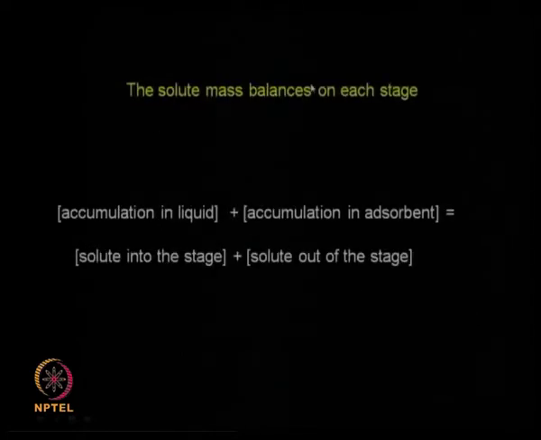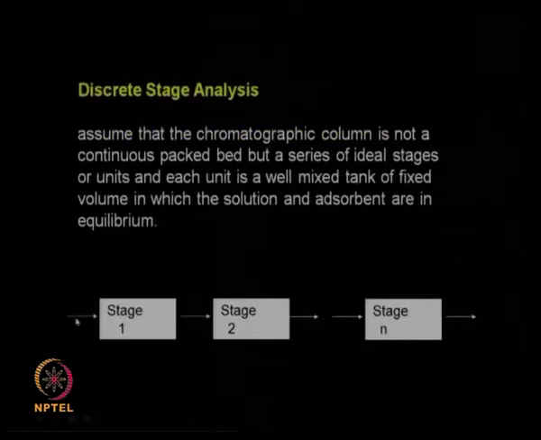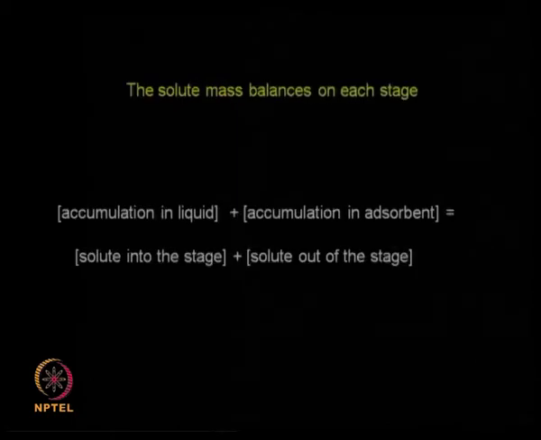So how do you do the mass balance on each stage? As you can see, we have a stream coming in and a stream going out, that is all. In chromatography it is very simple. We have the stationary phase inside the stage, and there is only one single stream coming in and another stream going out. The stream coming in has some solute, and the stream going out also has some solute.